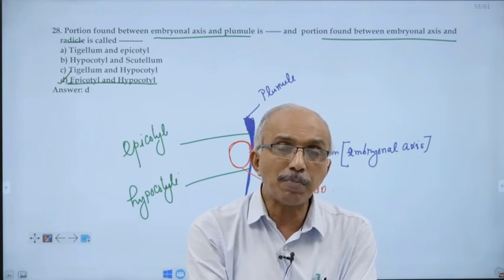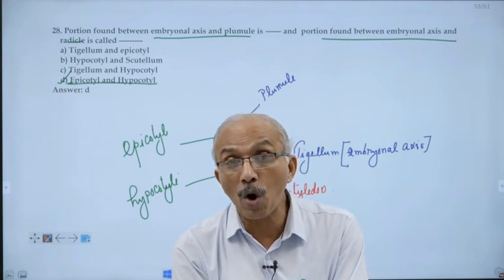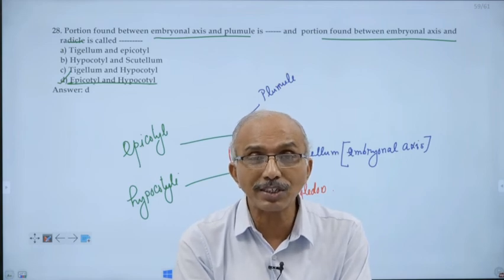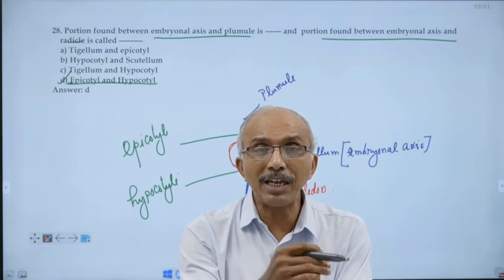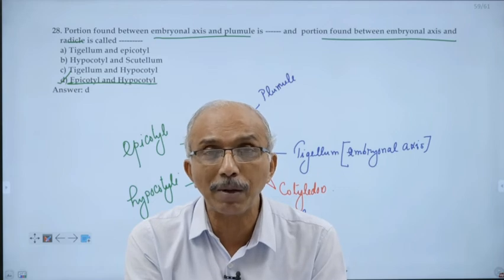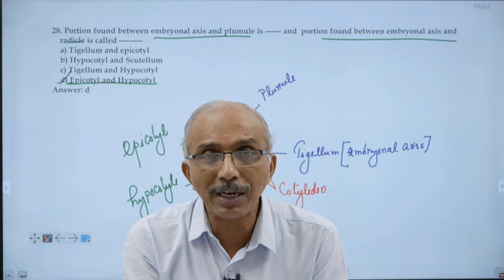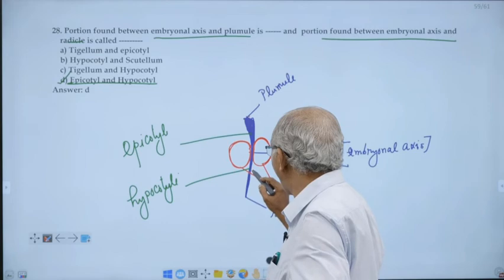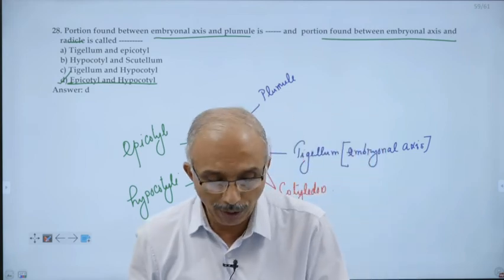Hypo means below, so hypocotyl is below the cotyledon. Like epidermis: epi means upon, derma means skin, the outermost layer. Hypodermis means below the epidermis.